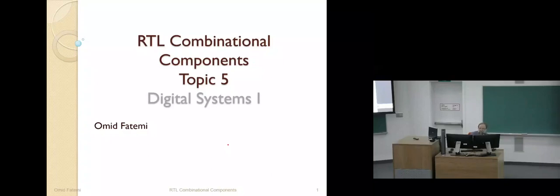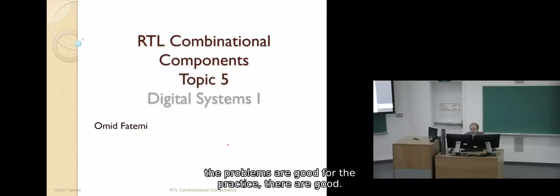Would we just find them in the textbook, or are they on Brightspace for chapter 2? The problems you mean? Don't you have the book? If you do, you go to the chapter and the problems are good for practice.